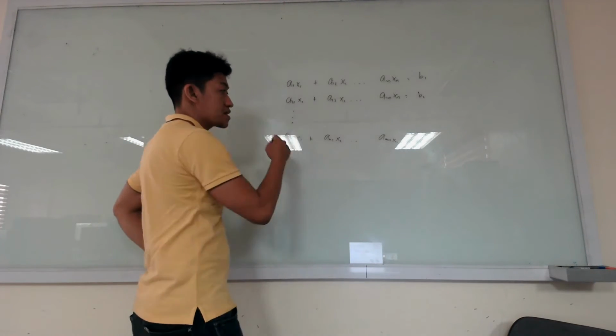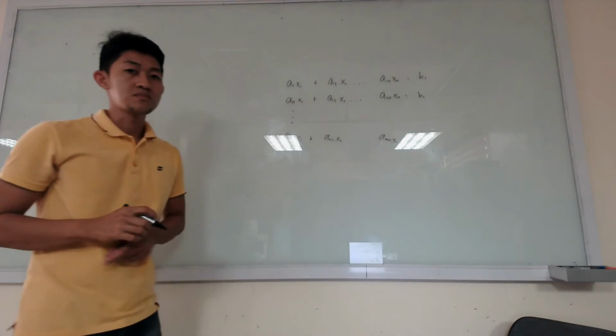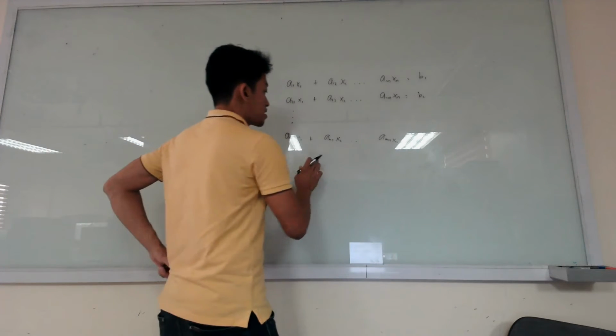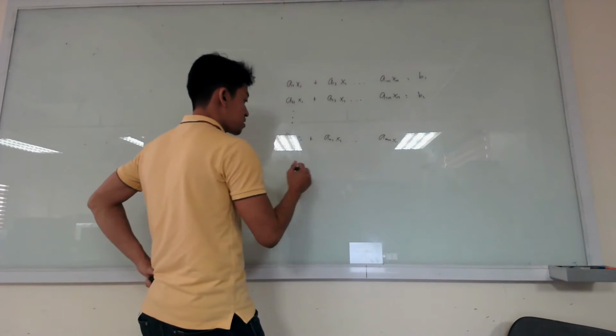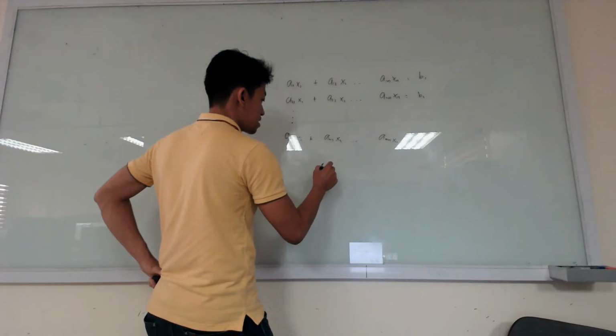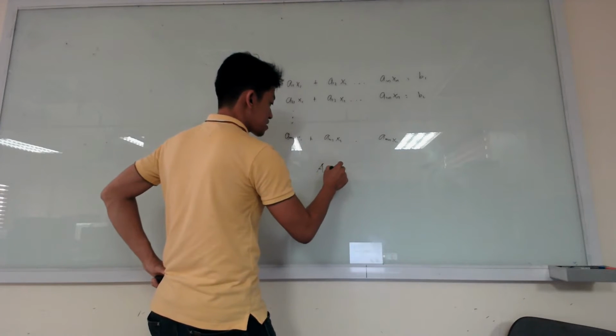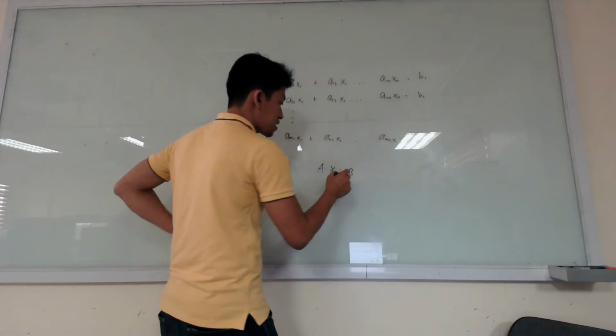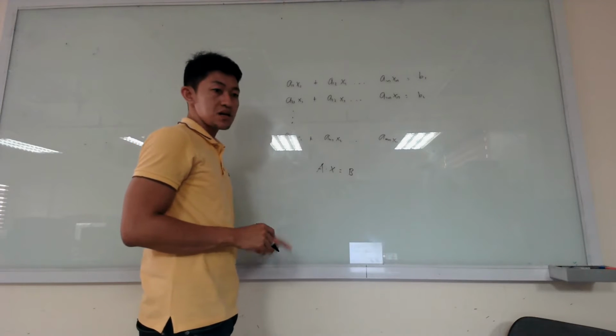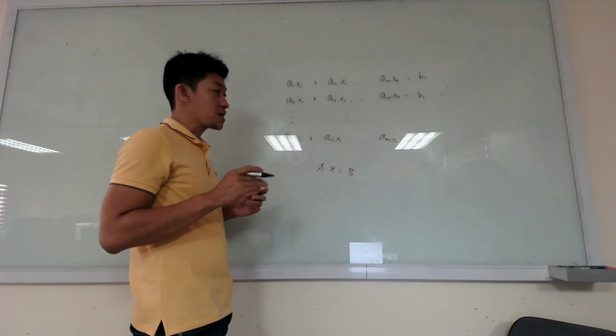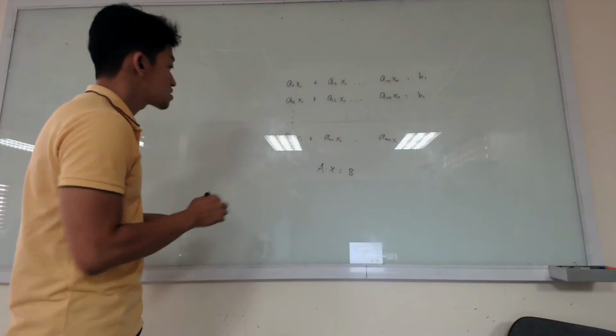Okay, so how do we represent this in matrix form? You can write this as A multiplied by x is equal to b. By the way, these three variables represent matrices. So what is A?